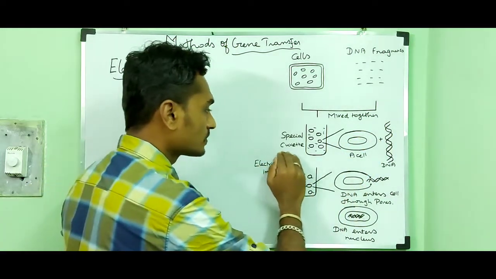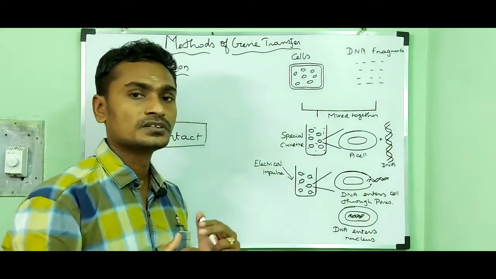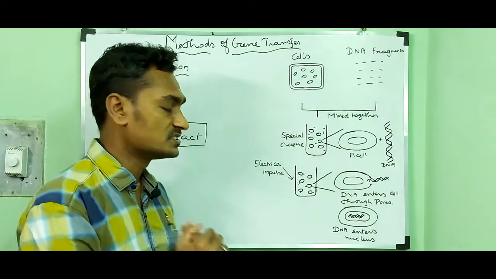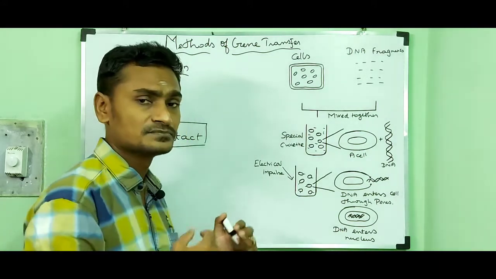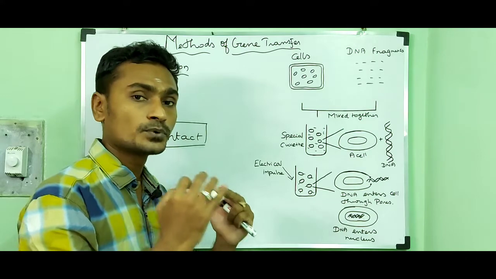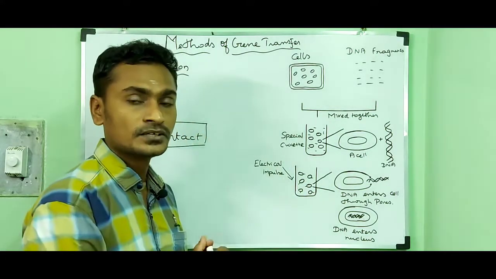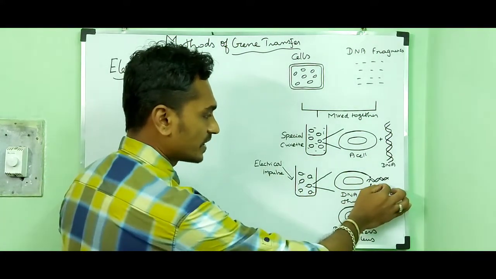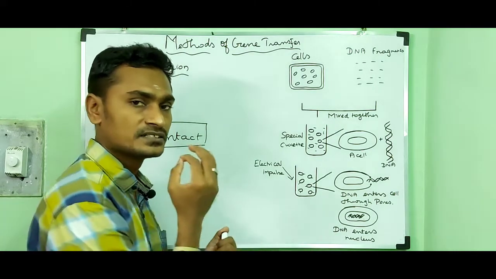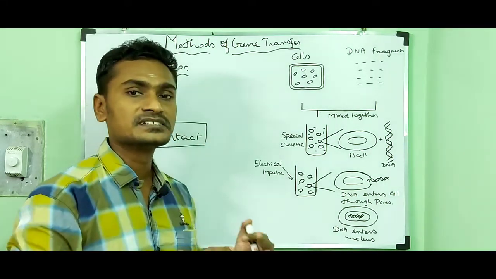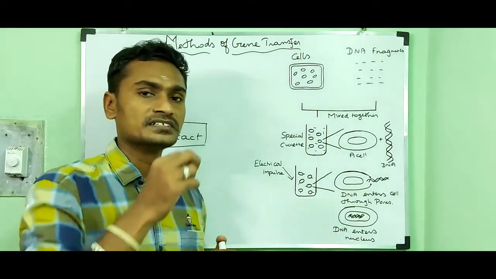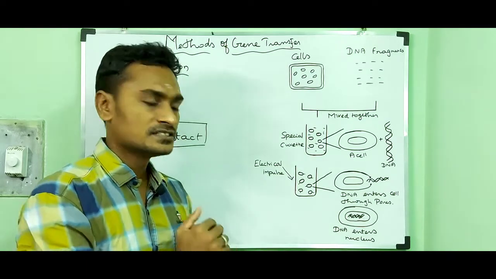When the special cuvette is subjected to high voltage electrical impulses, those impulses create small pores on the cell. Through that pore, the DNA fragments enter the cell and finally reach the plant genome and integrate with it.